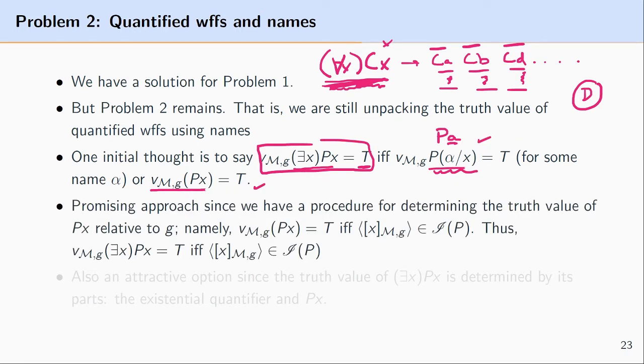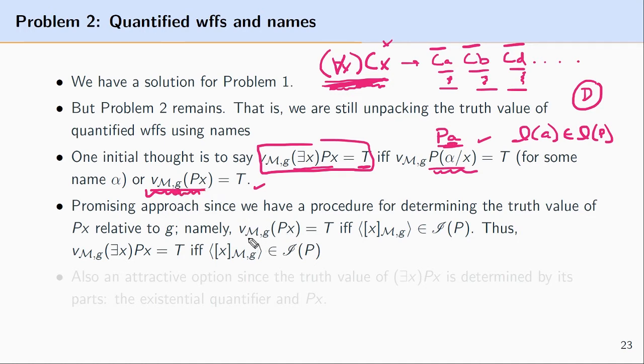This is maybe a promising approach because, as we've shown before, we already have a way of determining whether or not Pa is true. We simply look to see if the interpretation of a is in the interpretation of P. And that's simple enough. And in the last video, we talked about how we would determine the truth value of Px relative to a variable assignment g.